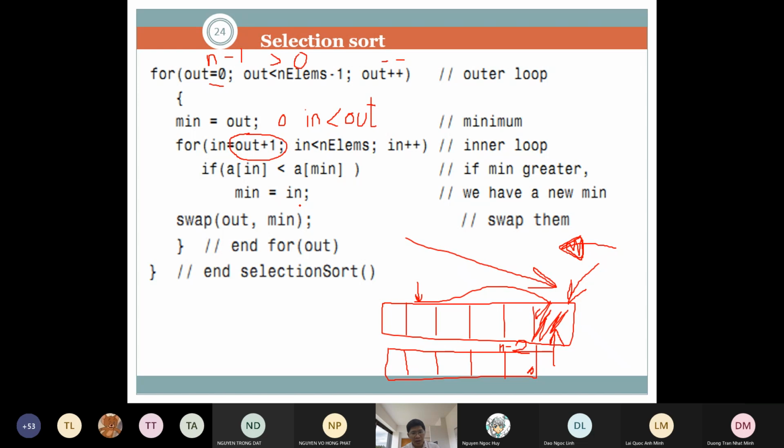Everyone, can we move to the next sorting algorithm? Okay, okay, great. So please tell me, everyone.